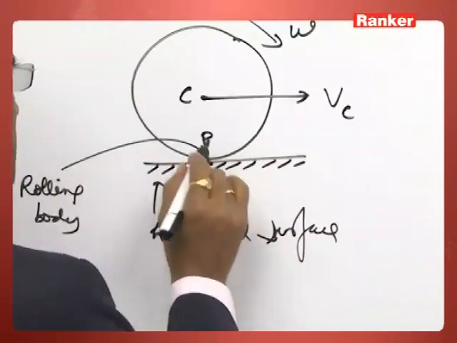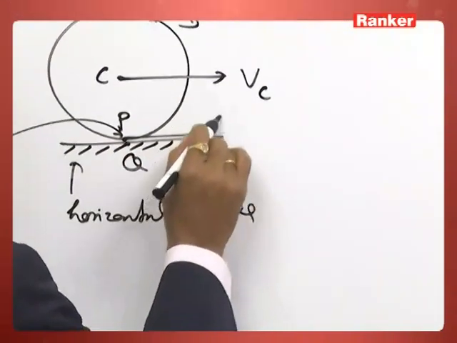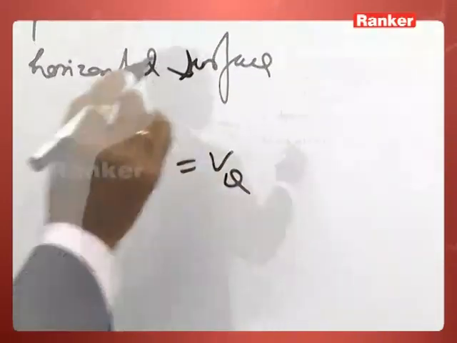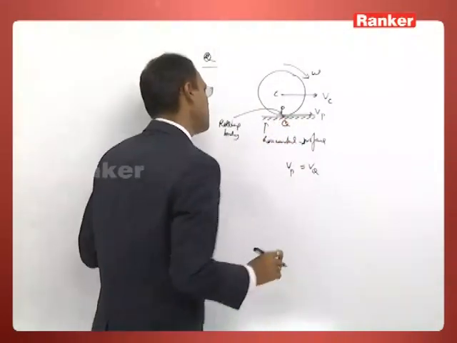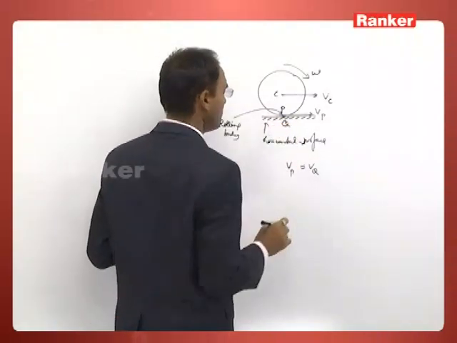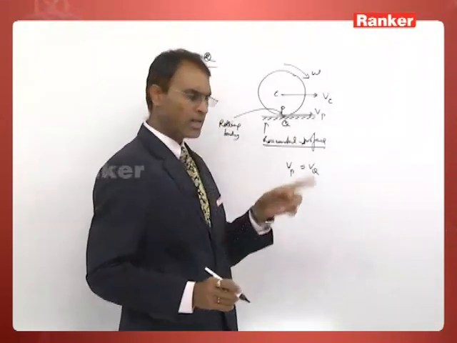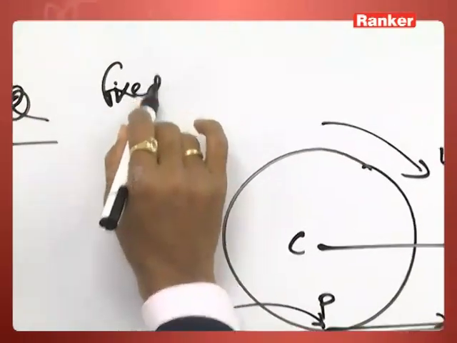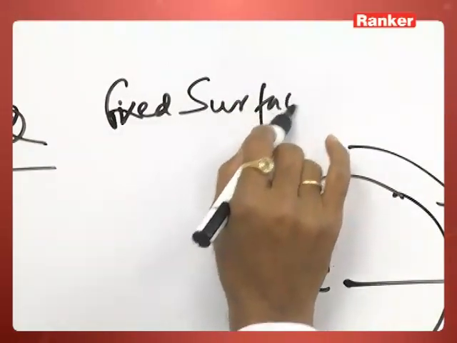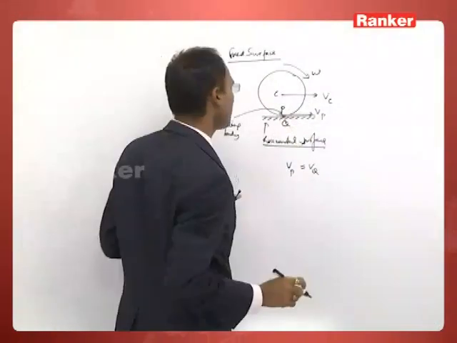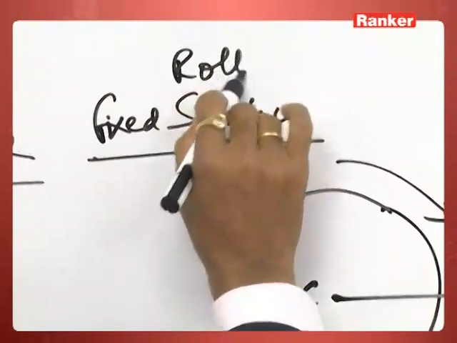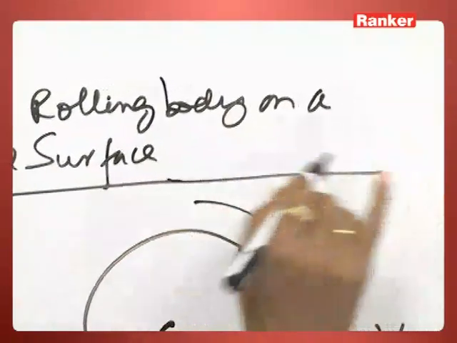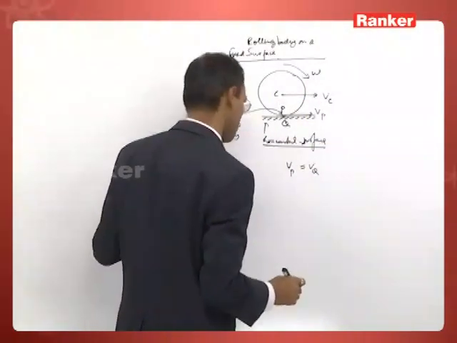Let us calculate the velocity of the point P and equate it to the velocity of point Q. Since this point Q is situated on the horizontal surface, and the horizontal surface is fixed, we have a rolling body on a fixed horizontal surface.